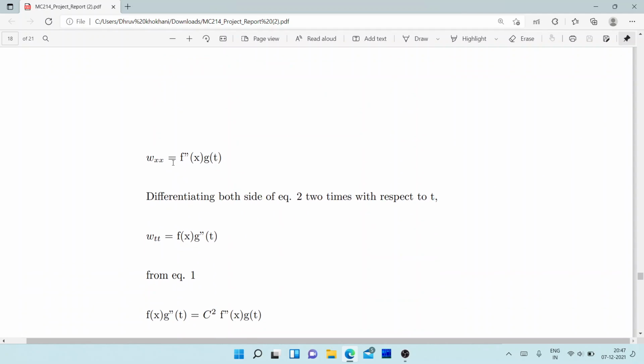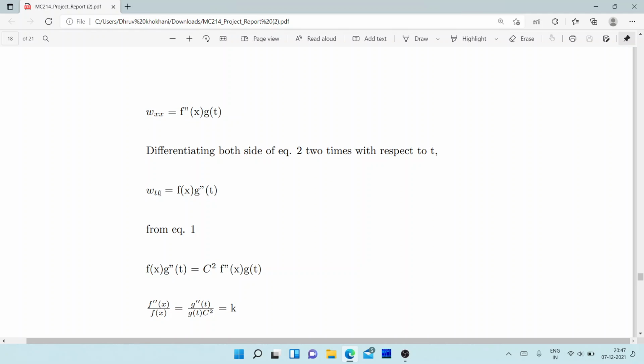So we get the double derivative of w with respect to x equal to f double dash of x into g of t. Similarly, the double derivative of w with respect to t is equal to f of x into g double dash of t.